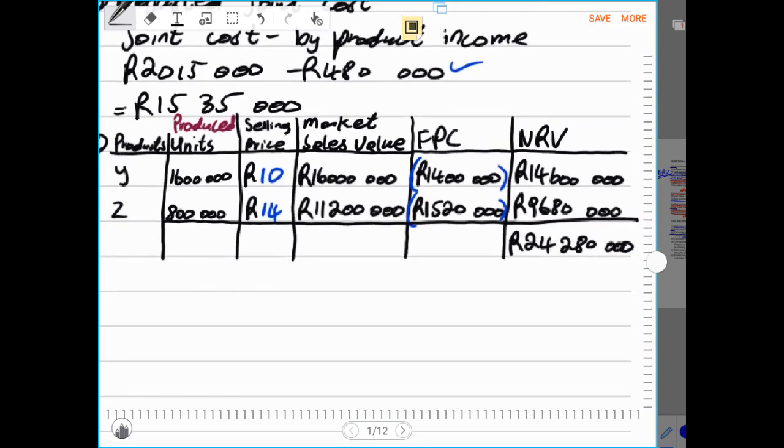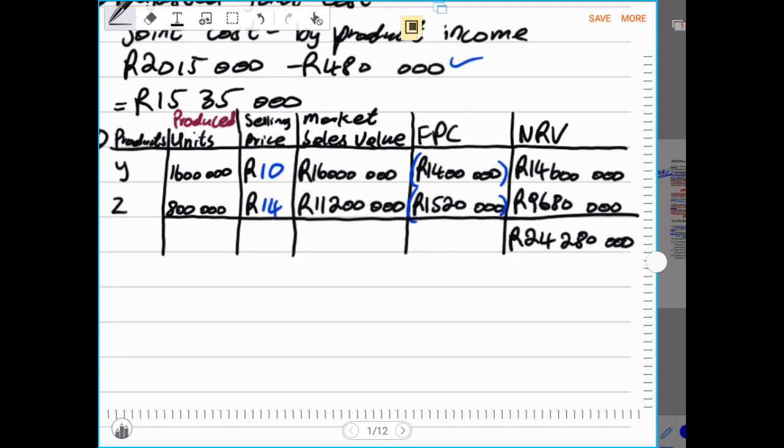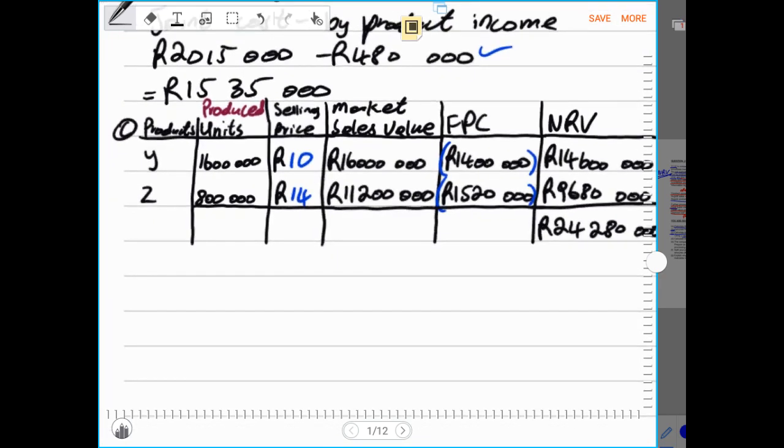So now we have to allocate our joint cost. Due to space, I could have had another column at the end, but I will just create this column here at the bottom.